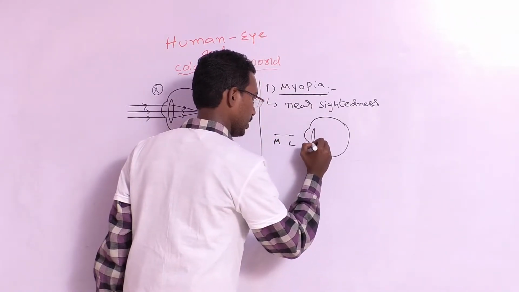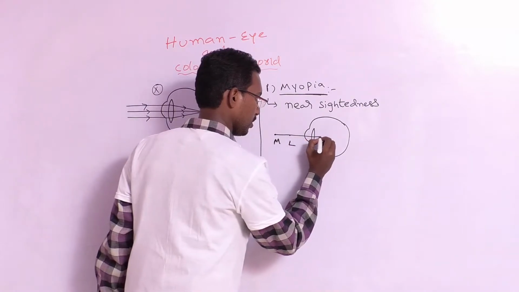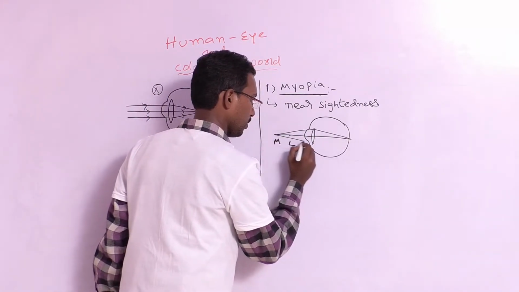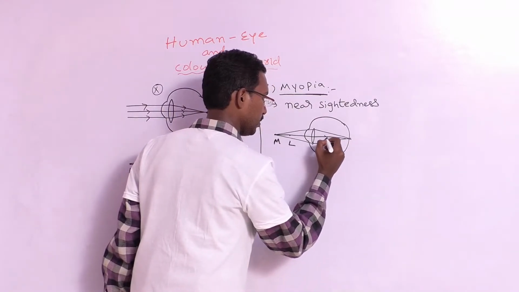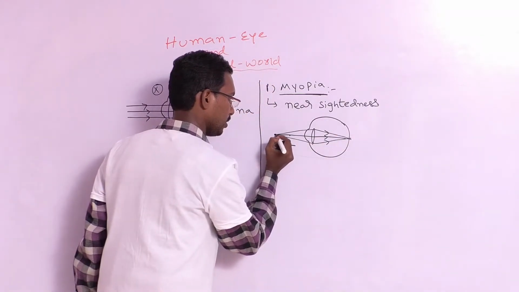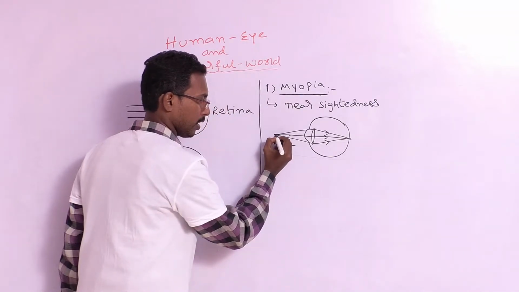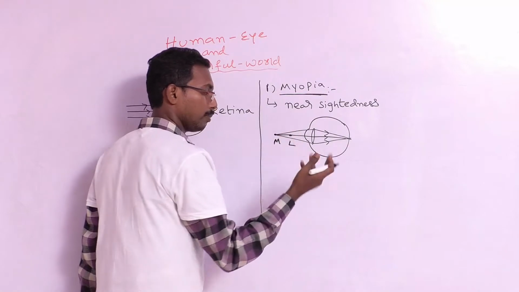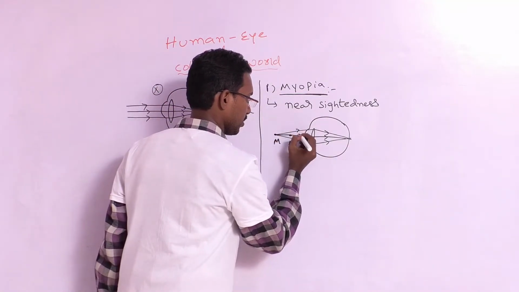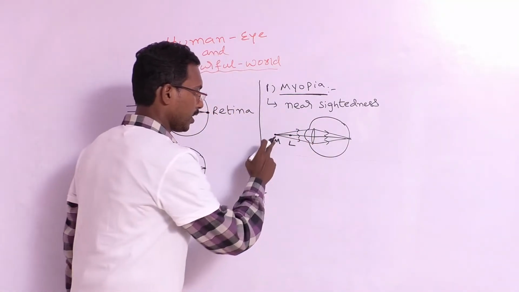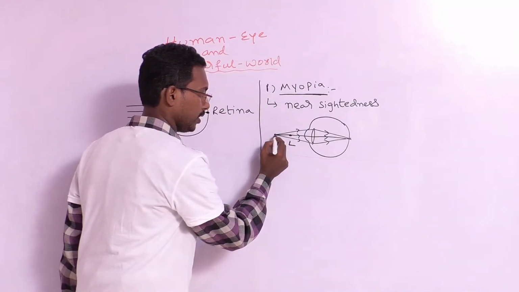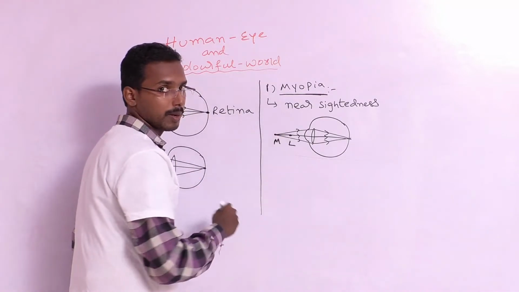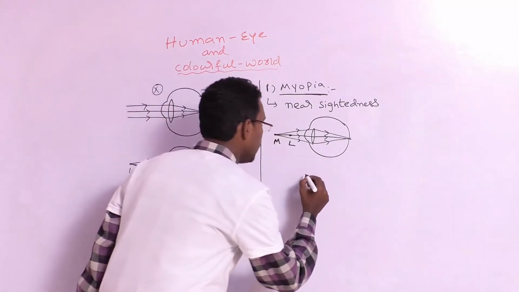So this one is the defective lens. A person can see only the object which is in between. This is the maximum point. In between M and L, the object can be at any place. But if the object moves away from point M, the person cannot see the object clearly.